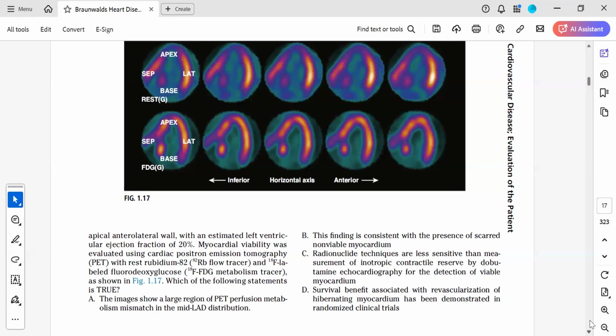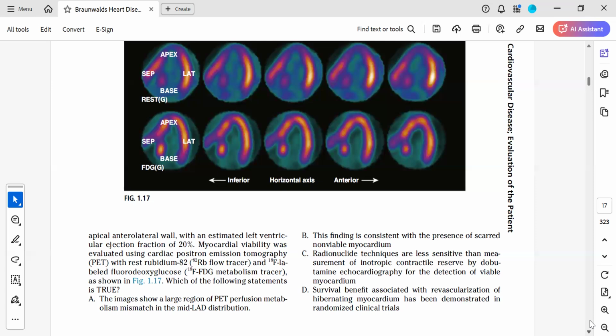So we expect that the dobutamine echo is more specific and less sensitive, meaning that the radionuclide must be more sensitive and less specific. The question said radionuclide techniques are less sensitive, so that particular statement is wrong.